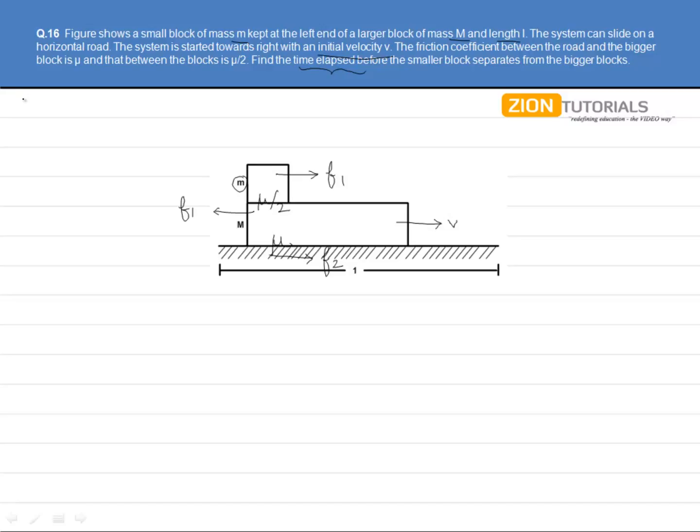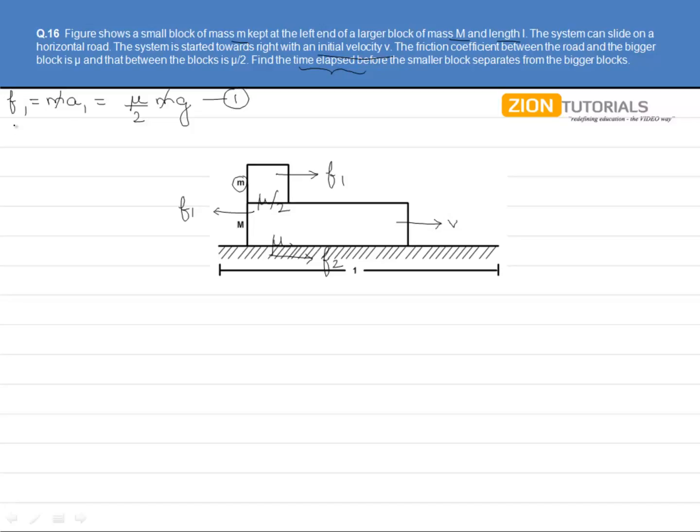Now, writing the magnitudes, we have F1 equals m into A1, that is equal to mu by 2 mg. Cancelling the factor of m and marking it as equation number 1.